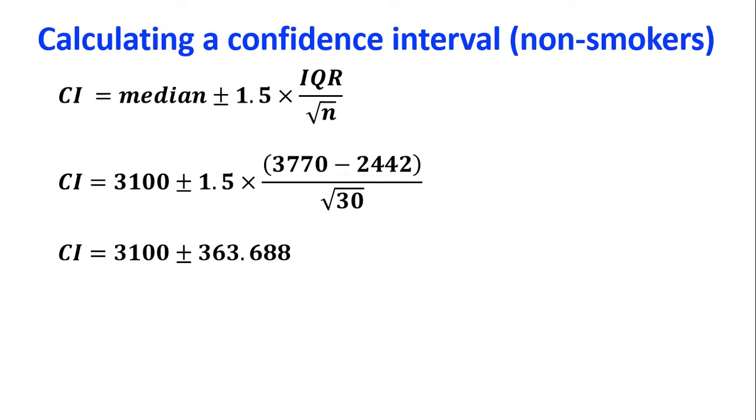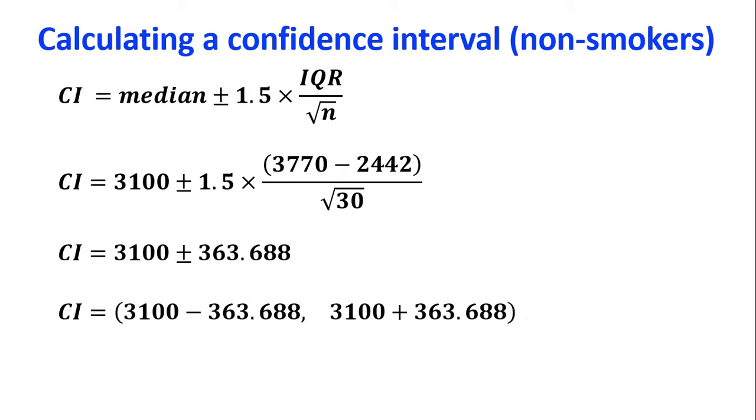So I just do a bit of simplifying, that 1.5 times the stuff, and that gives me 3,100 grams plus or minus 363.688. Now this is where that plus and minus needs to be split out. So it's put plus and minus there because as mathematicians we're a bit lazy sometimes, and so rather than writing it out with one calculation with a minus and then another calculation with a plus, we write the plus and minus together.